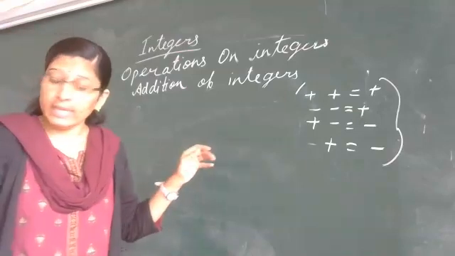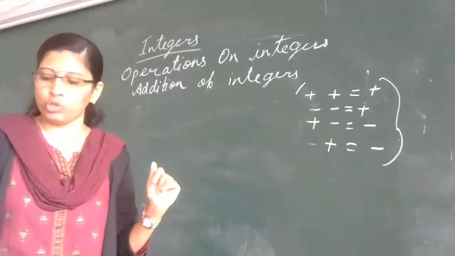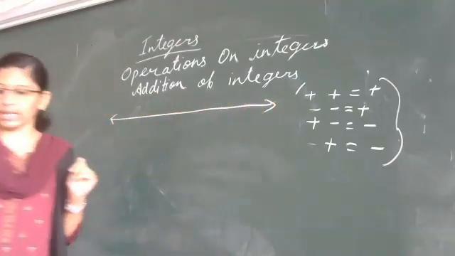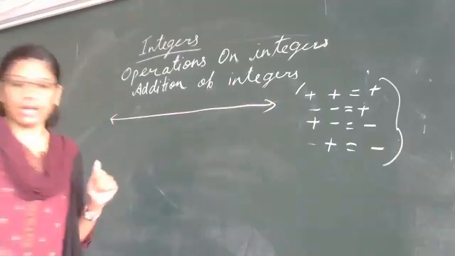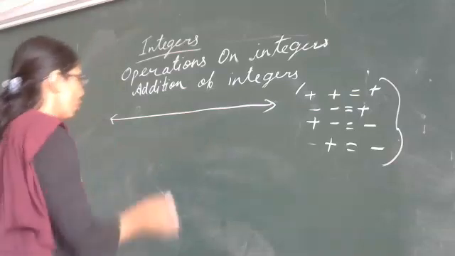Okay, now we will see addition of integers with opposite sign, different sign. Before that, this same sign we can represent on a number line also. We'll see that first. Now the first example we took as plus 5 and plus 4.